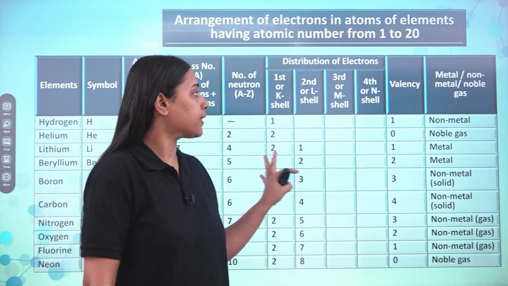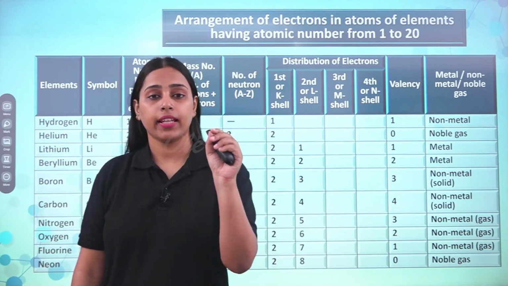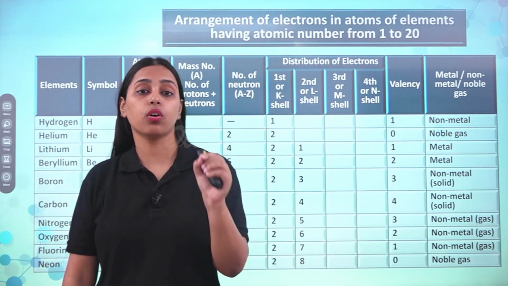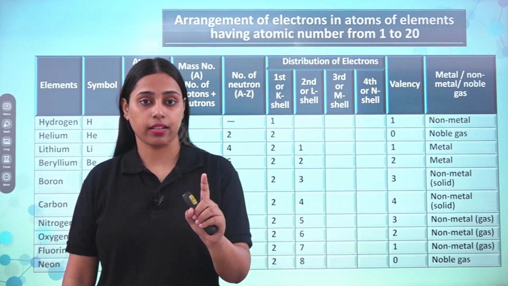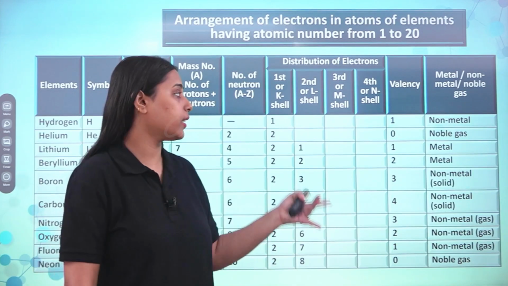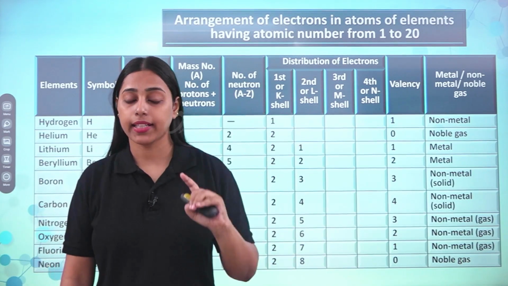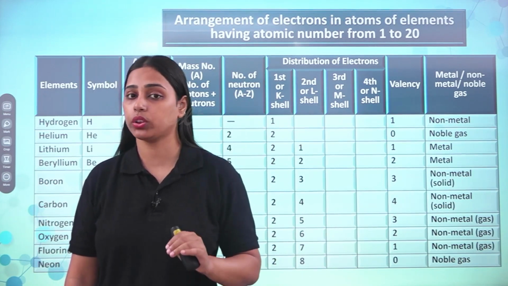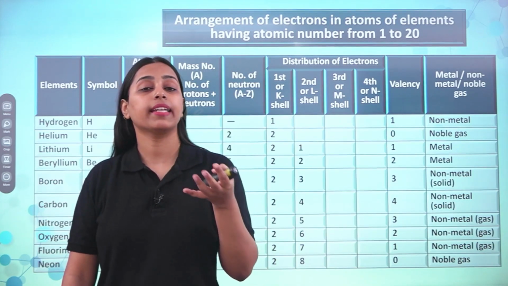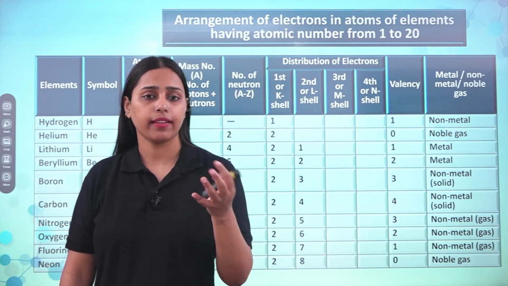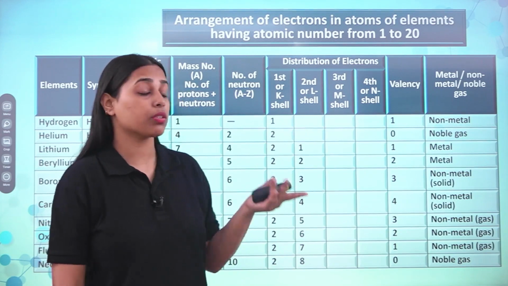When an element has 1, 2 or 3 electrons in its last shell, it has a tendency to lose electrons, and then it is considered a metal. And when it has more than 3 electrons in its outermost shell, it will prefer gaining electrons, and then it is known as a non-metal. And depending on that, they have different types of bonding also.